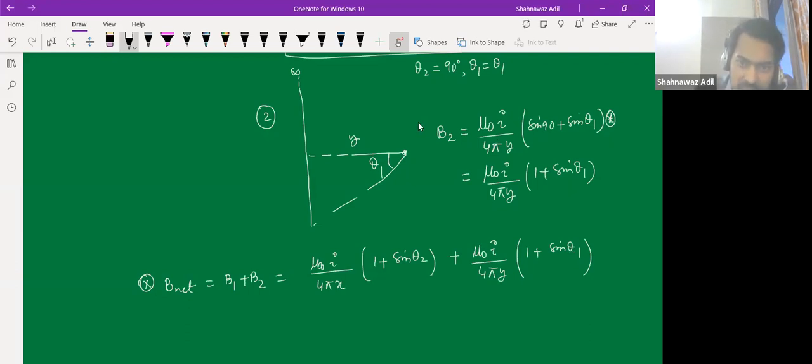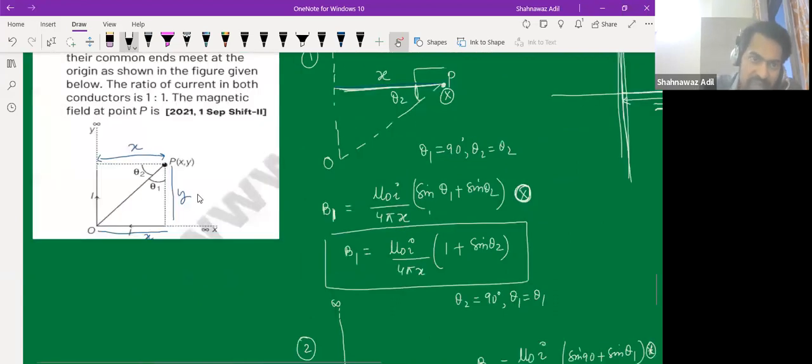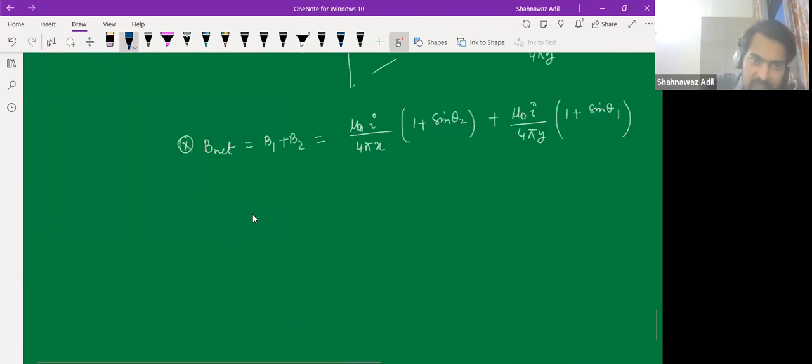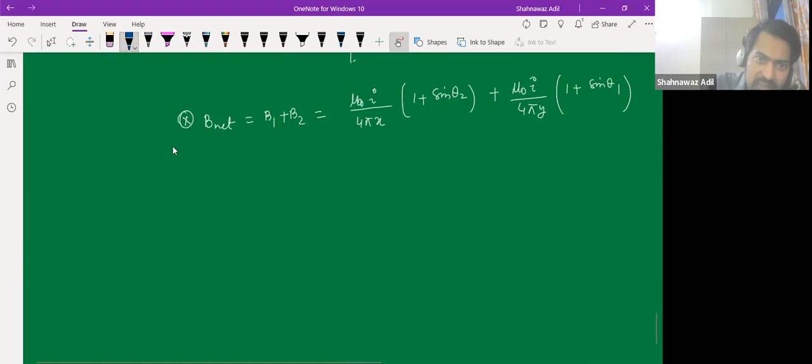So we have theta 1 in this triangle, right? This is theta 1. This distance is y, this distance is x, and this is the hypotenuse. So in triangle OPM, this is the triangle that we have.